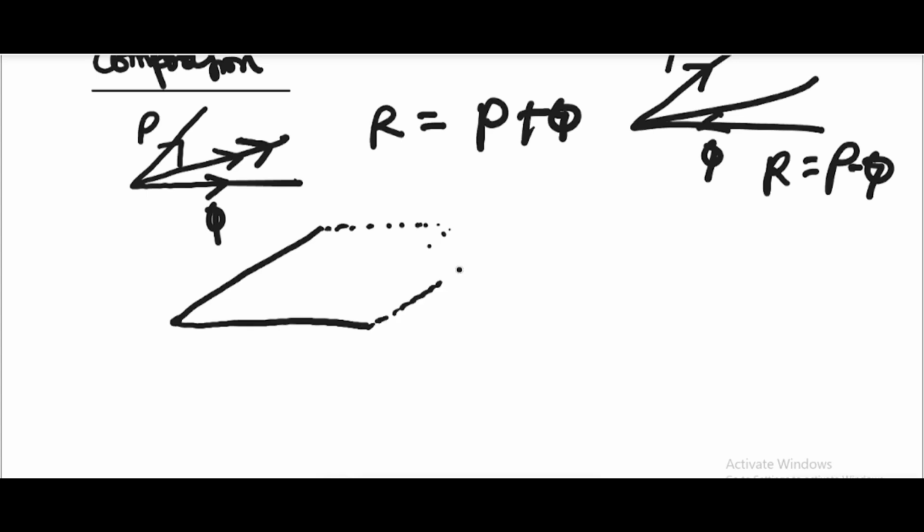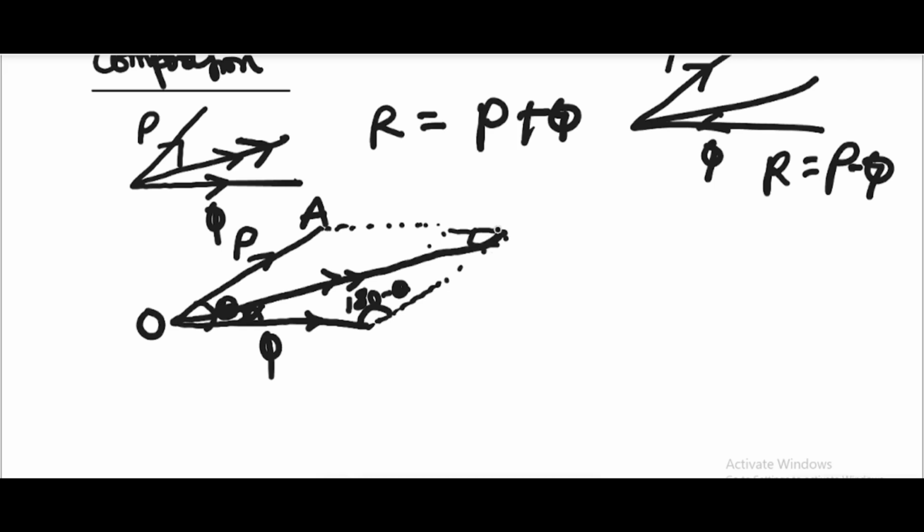I want to use broken lines. So now this remains our force P while this remains our force Q. Now this is the resultant going in the same direction with P and Q, right? Okay, so this is it. Now the angle between these two forces, let's call it B, okay.